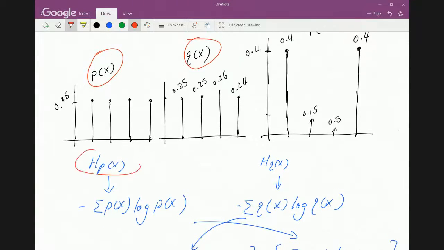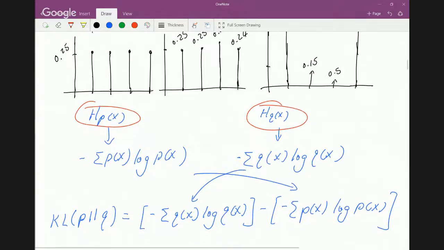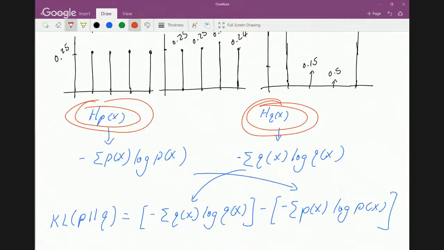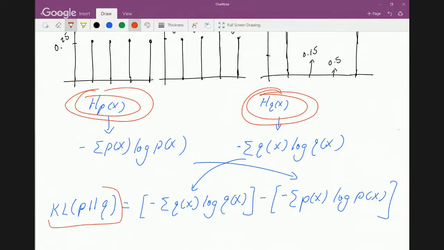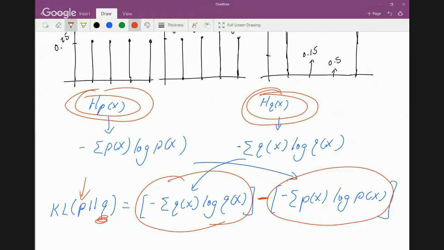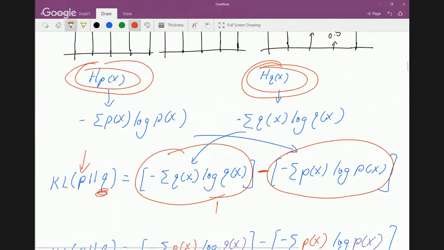So over here, we find the entropy HP, and over here, we find the entropy HQ. And we say that the KL divergence for P against Q is the entropy of Q minus the entropy of P. So like this, entropy of Q minus entropy of P. So I'll repeat that again.